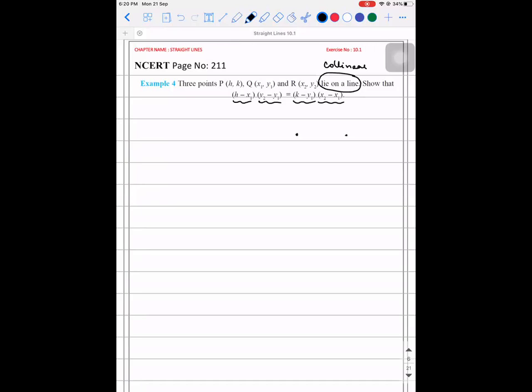So if there are 3 points lying like this, let's take the same points, P, Q, and R. P is (h, k), Q is (x1, y1), R is (x2, y2). If they are lying on the same line like this, then what is the slope of PQ?